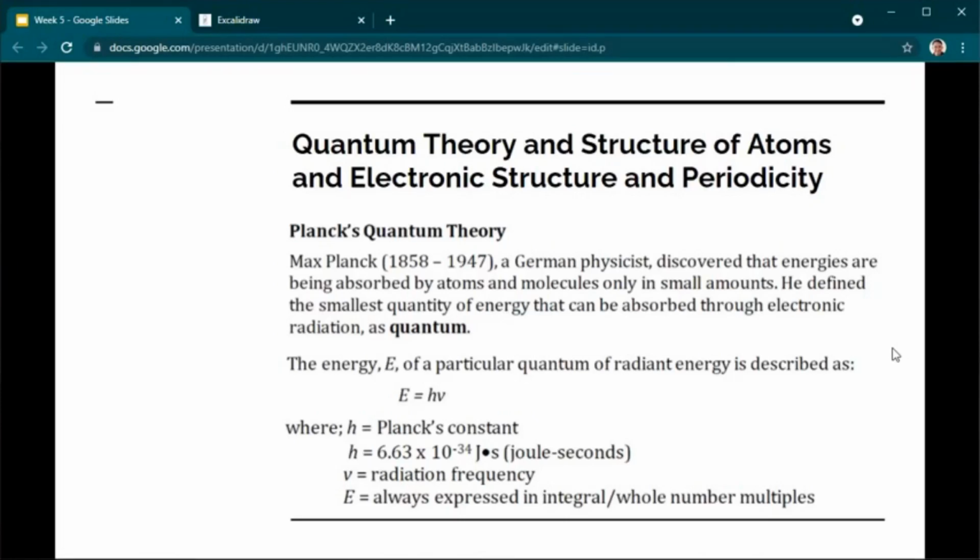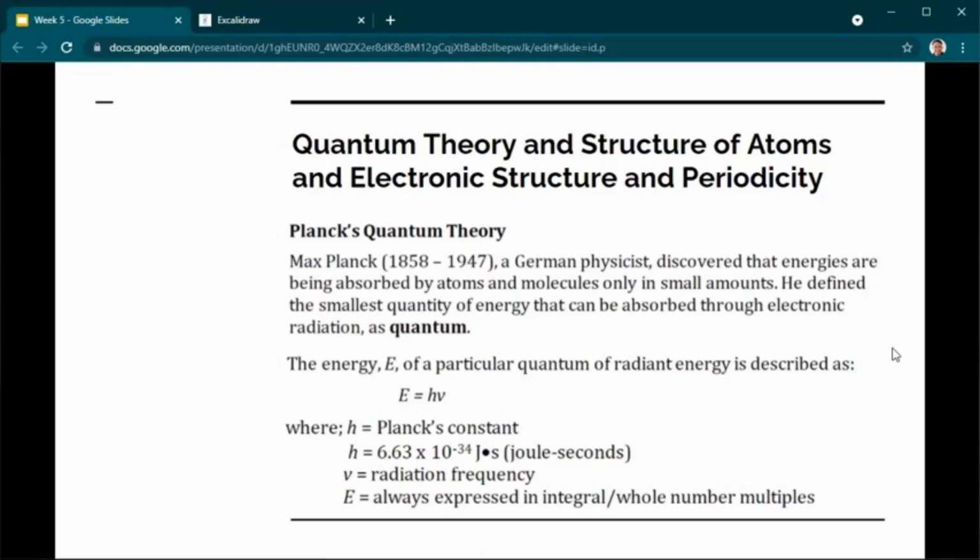Planck's quantum theory. Max Planck, a German physicist, discovered that energies are being absorbed by atoms and molecules only in small amounts. He defined the smallest quantity of energy that can be absorbed through electronic radiation as quantum. Okay, so that's the smallest quantity of energy.